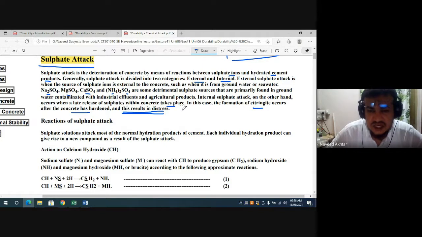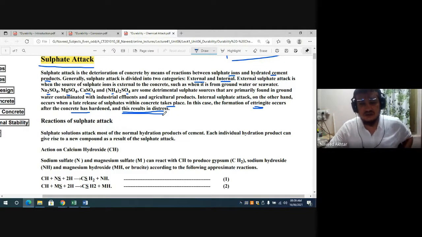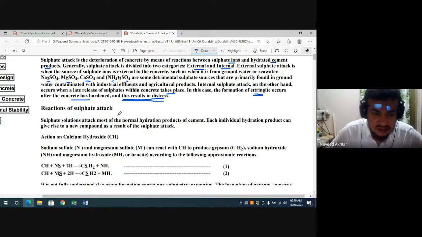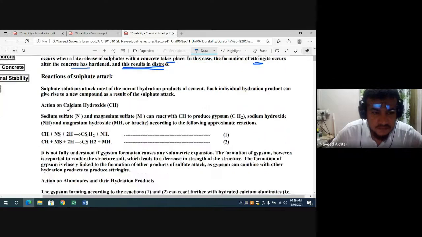The white patches we see on the concrete surface are nothing but due to this. It occurs after the concrete is hardened and results in expansion in the concrete, which causes distress and is harmful for the concrete.